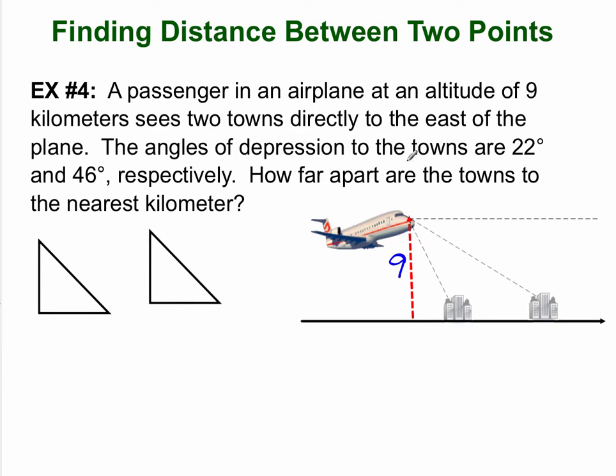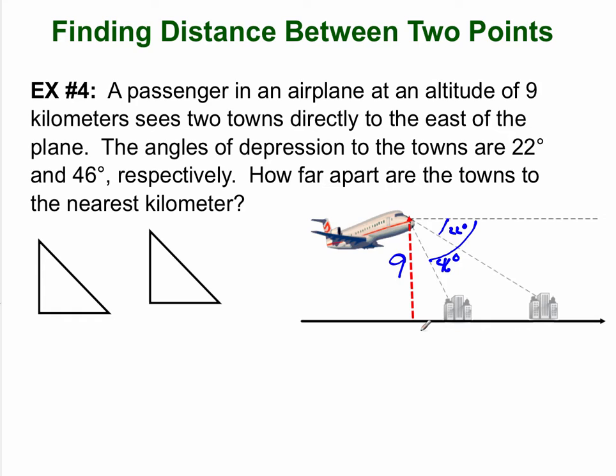And he sees 2 towns directly to the east of the plane. The angles of depression for the towns are 22 degrees and 46 degrees. So this one is 22 degrees and this one is 46 degrees. How far apart are the towns to the nearest kilometer?